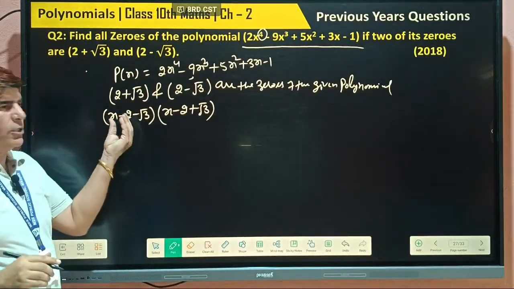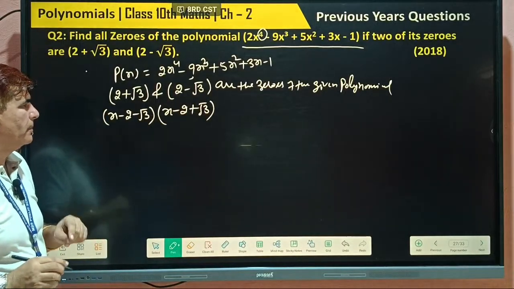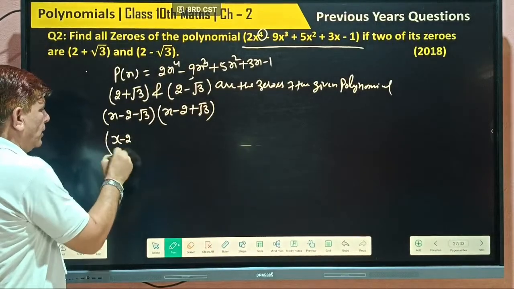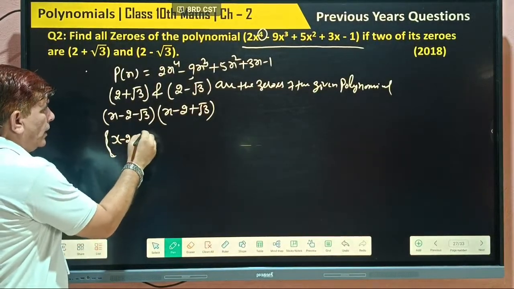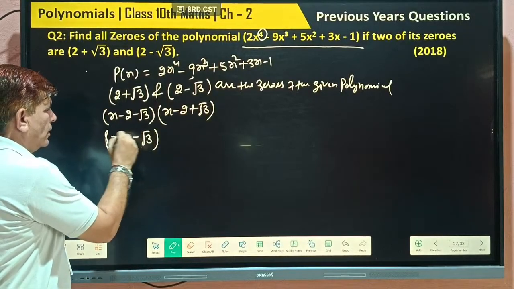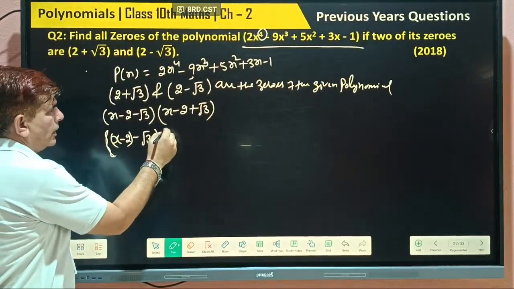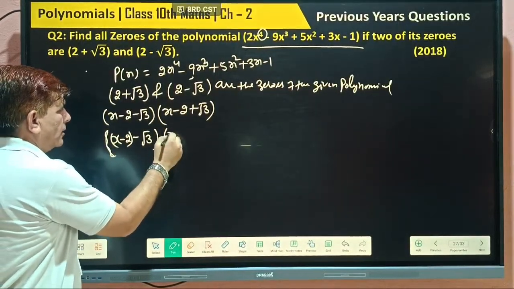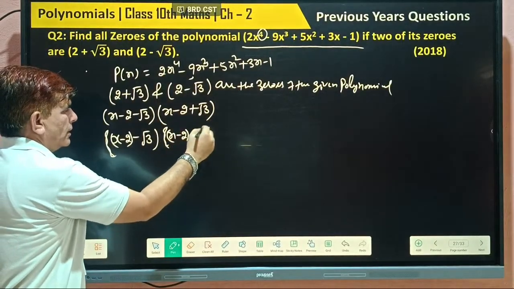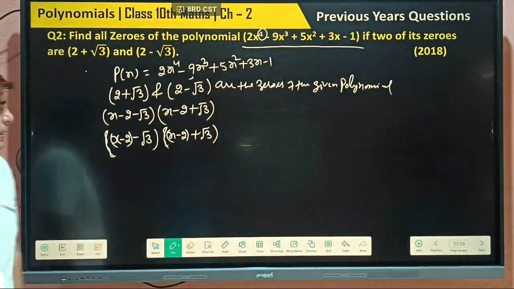One more method is this: you can directly multiply, otherwise we can write x minus 2 minus under root 3, and here x minus 2 plus under root 3. In this way you can take.